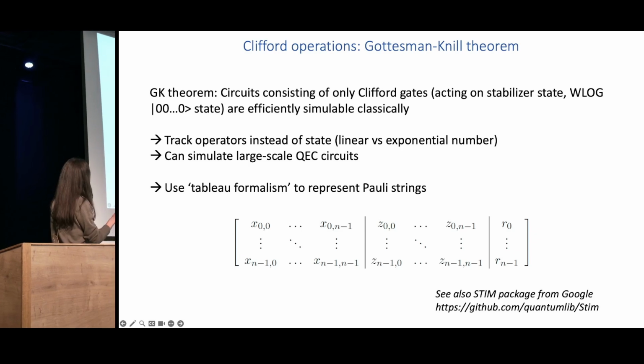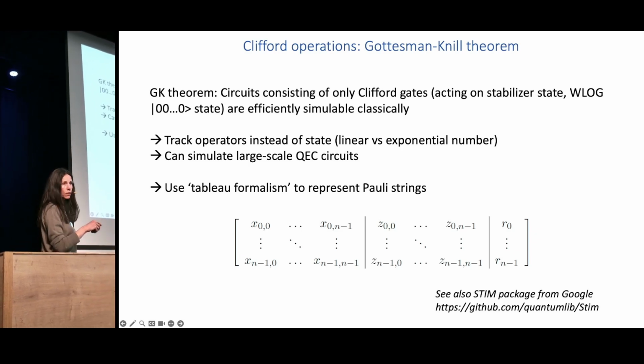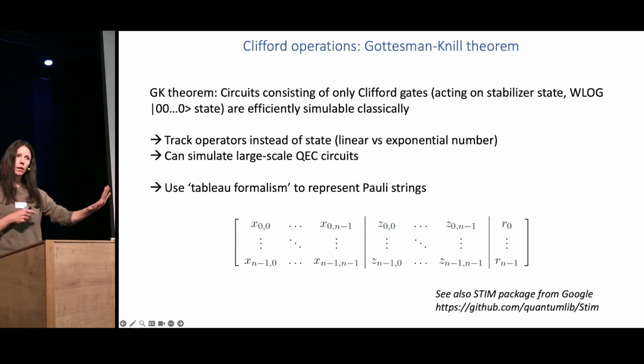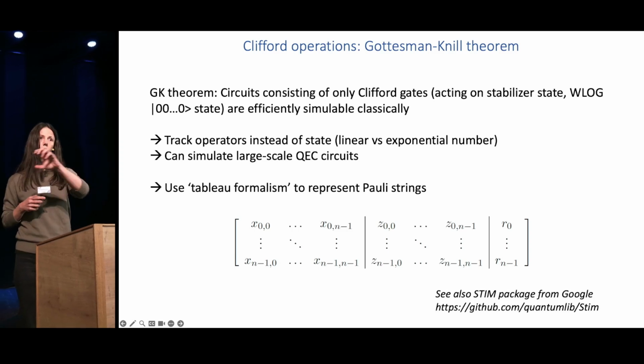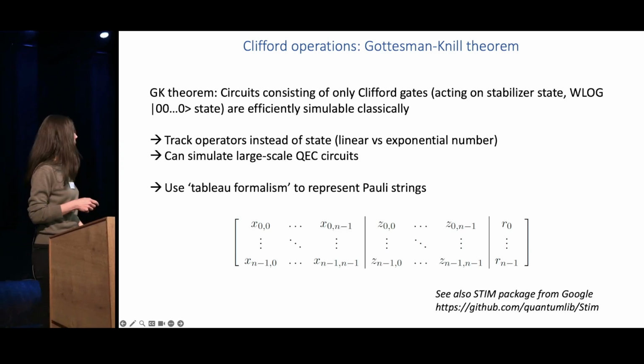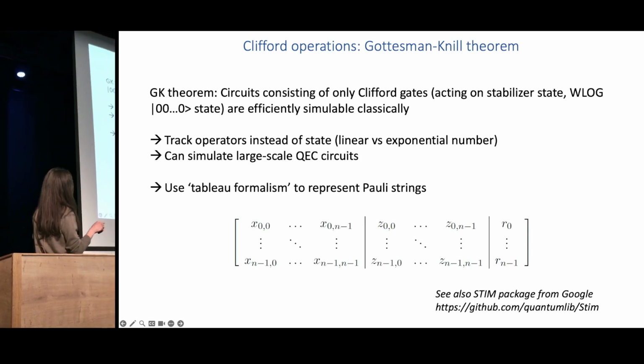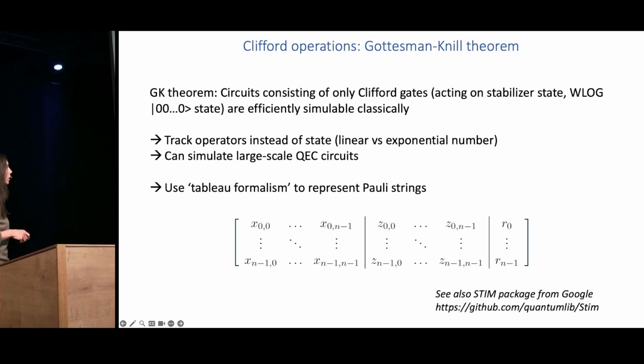And the reason is that I'm tracking operators instead of states. If you're familiar with the Heisenberg picture, this is very similar to that. I'm leaving the state alone, and I'm seeing what transformations happen on my stabilizers. And that allows us to simulate large-scale quantum error correction circuits.